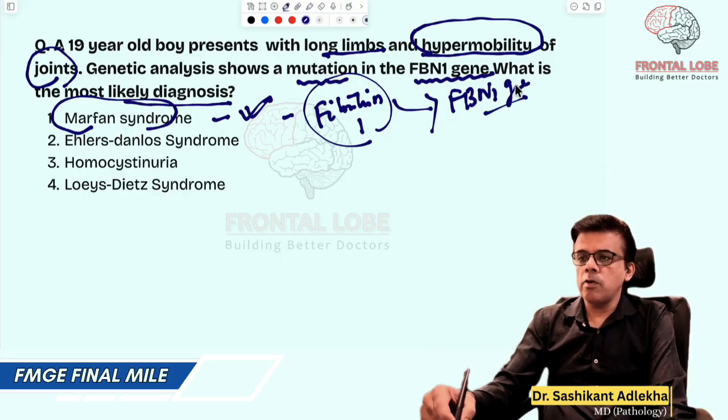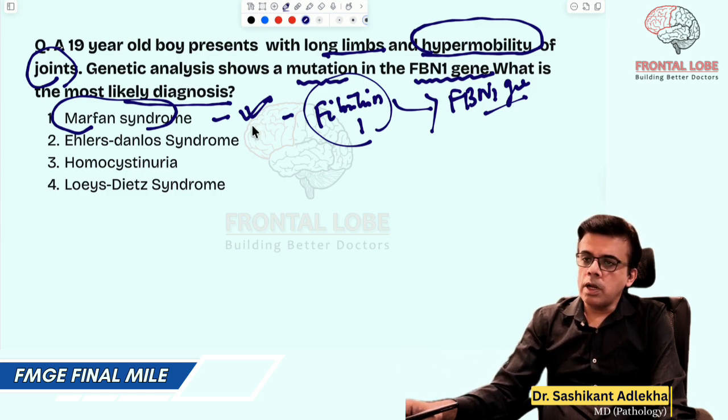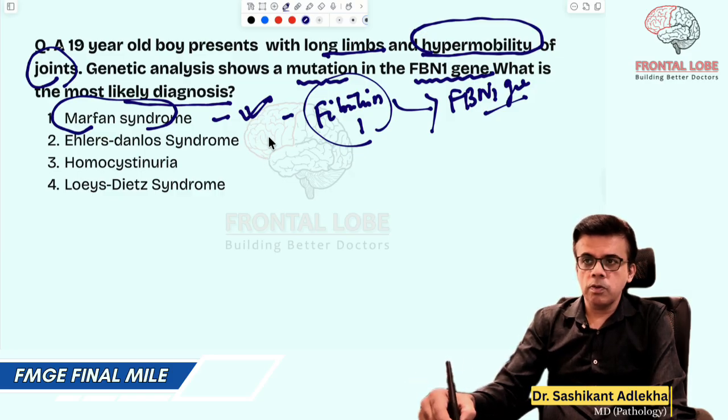There is high risk of aortic dissection, aortic aneurysm, there is lens subluxation, there are also hyperextensible joints, hypermobility of the joints can be noted, and the skin is also a little bit fragile, cardiovascular complications and elongated long extremities. These are the classical features of Marfan syndrome. So these are the most important features of Marfan syndrome.